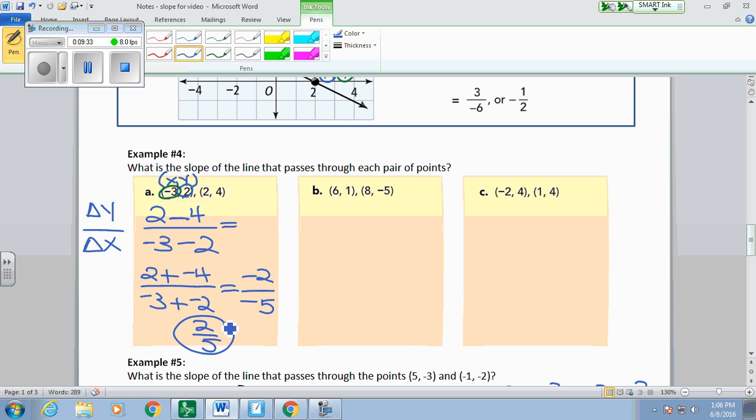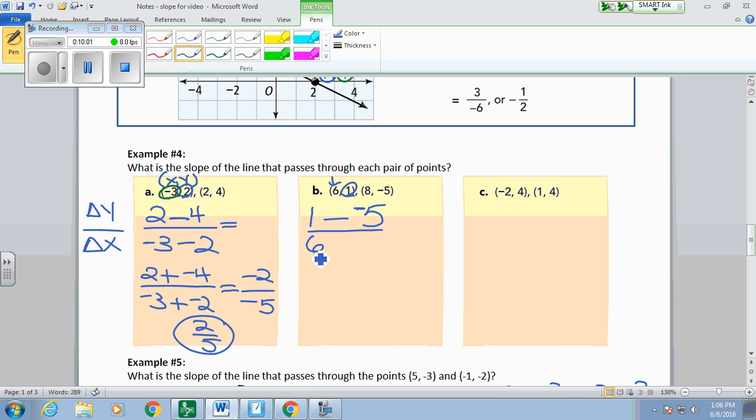For B, again, I just like to start with this one first, because it's listed as the first pair of coordinates. So I have 1 minus, don't just write 5 here and think that you already put the negative sign. You are finding the change, so that means change, subtract. So if this is a negative 5, I have to make sure I include that in there. Then, again, since I started with the 1, I have to now start with the 6.